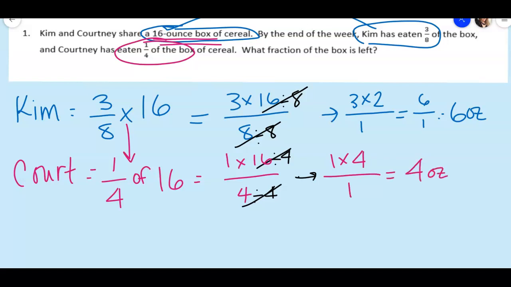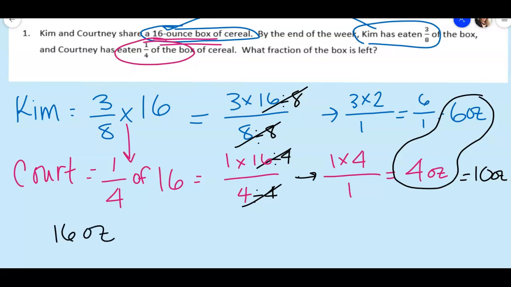of that cereal box. So together, if I add the 6 ounces that Kim ate and the 4 ounces that Courtney ate, I know that they ate 10 ounces of that 16-ounce cereal box. So 16 ounces minus the 10 ounces that they ate gives me 6 ounces left over.